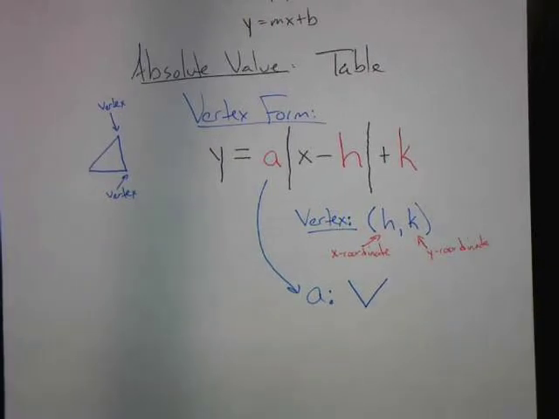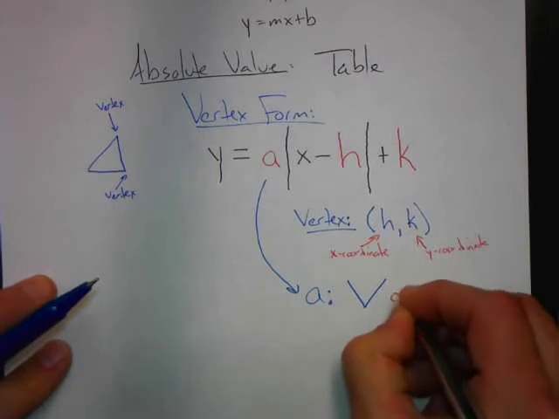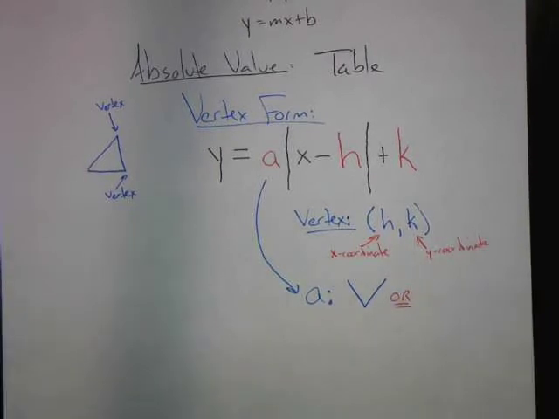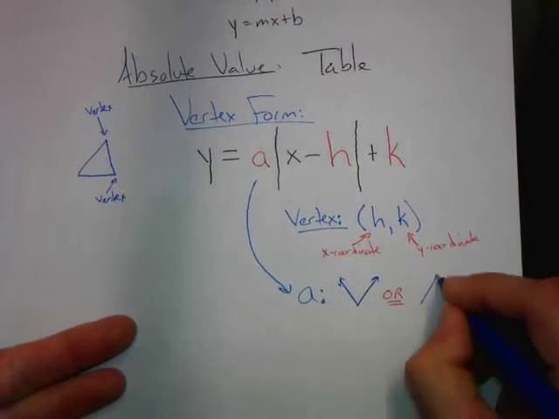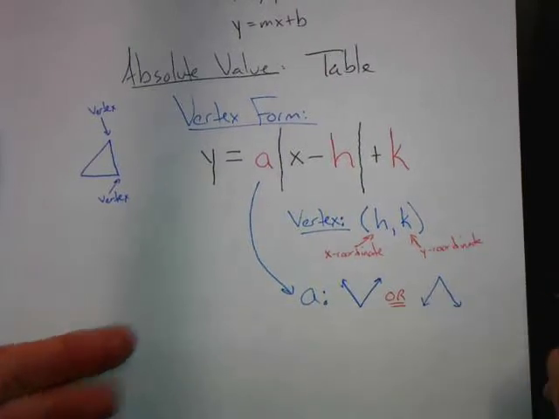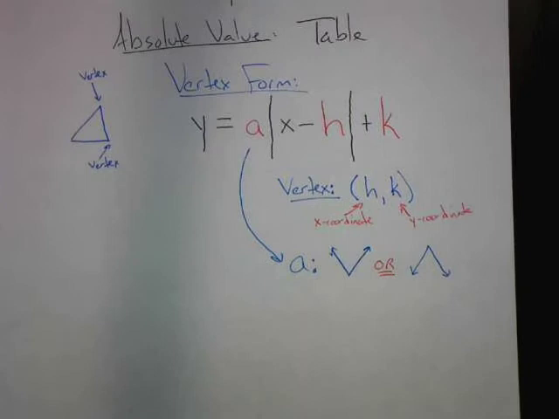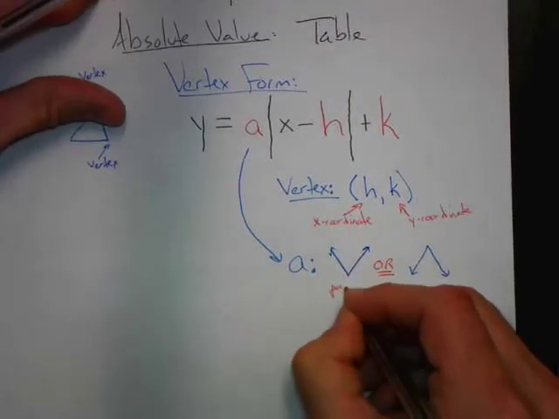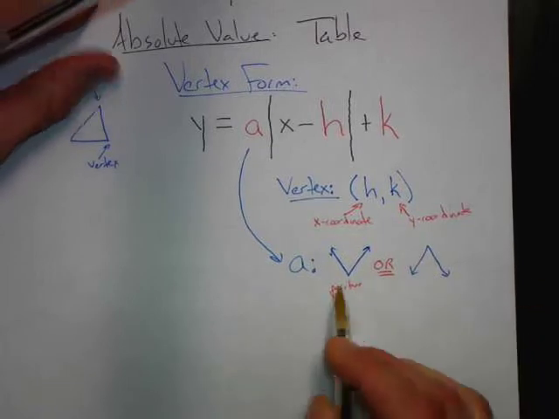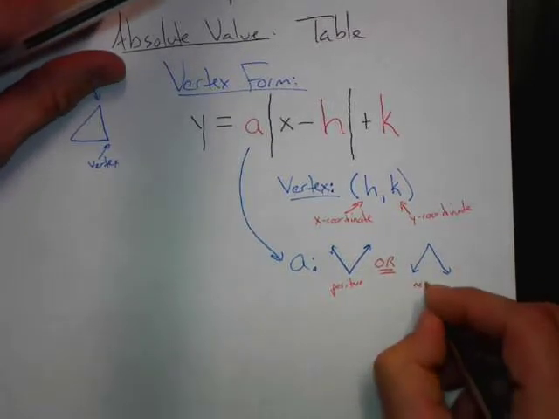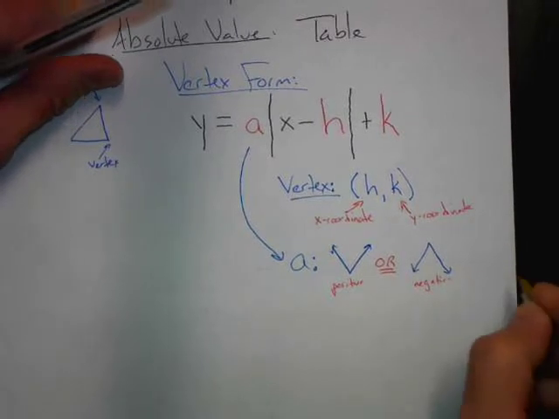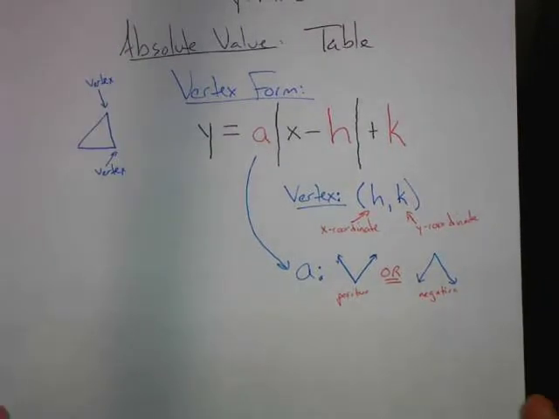It could tell us if the graph might be an upside down V. So the graph might make a V, or it might make an upside down V, depending on what a does. If a is positive, we'll have the graph go up like a V. If a is negative, the graph will go down like an upside down V.